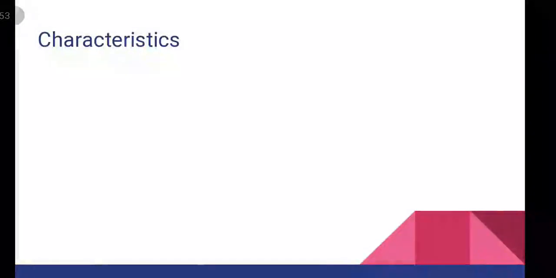Moving on to look at some of the main characteristics and salient features of this approach, starting by talking about how flexible and adaptable it is.